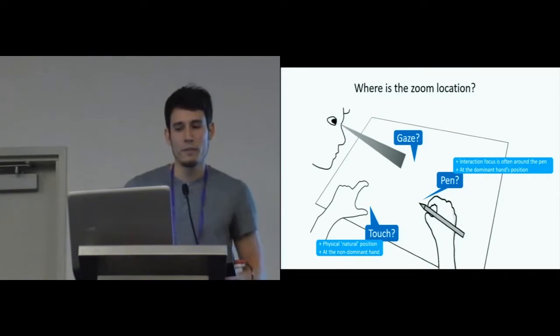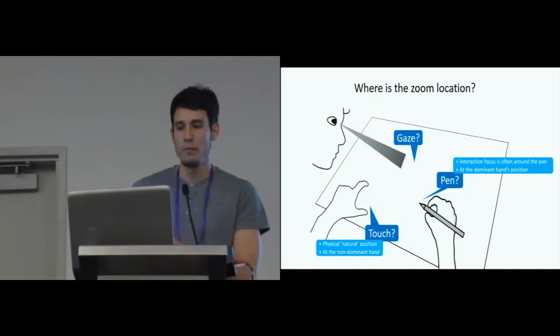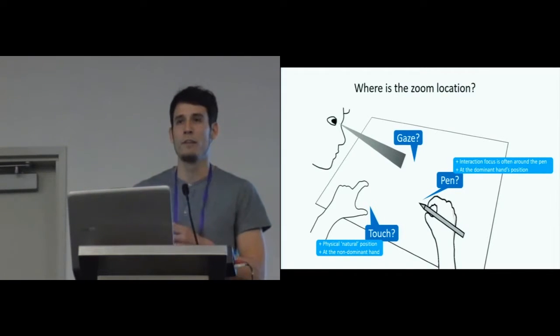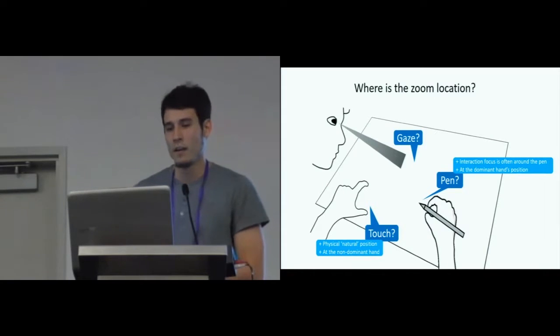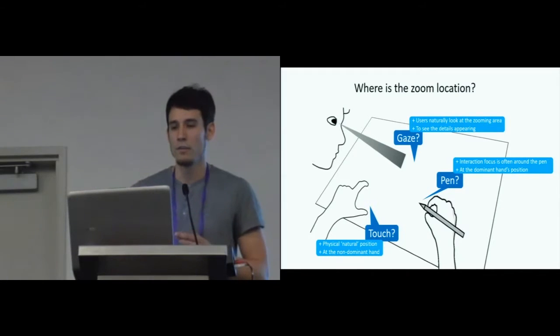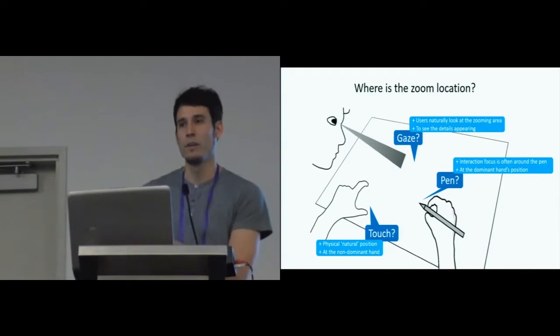But we could also zoom into the pen position, and this could be useful because on a pen and touch display, many interactions are centered around the pen, which is held in the dominant hand. And third, the user's gaze position might be interesting because when you're zooming, you're actually interested in where you're zooming at, so you already look at this point.